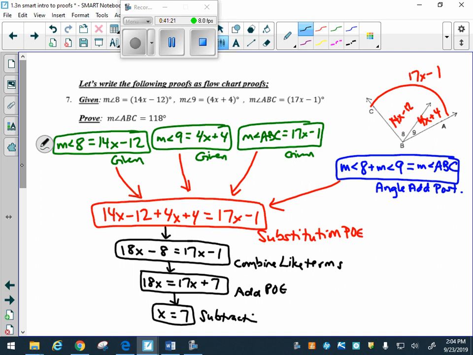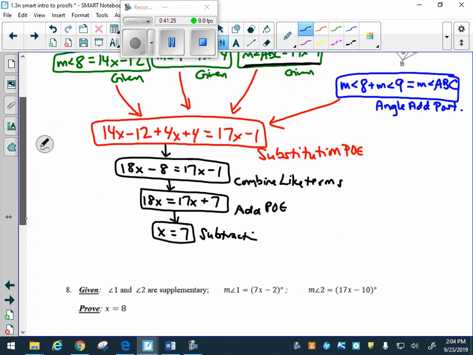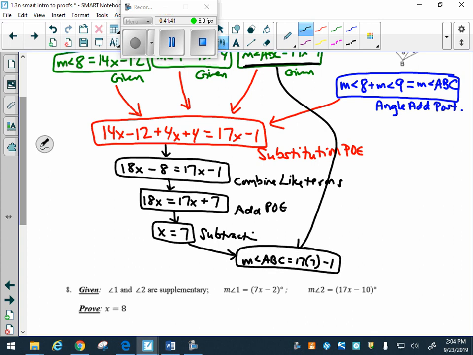We already have that here, right? So all we need to do is use that step and this step and write it as the measure of angle ABC equals 17 times 7 minus 1. Just showing that you're plugging it into that particular angle measure.